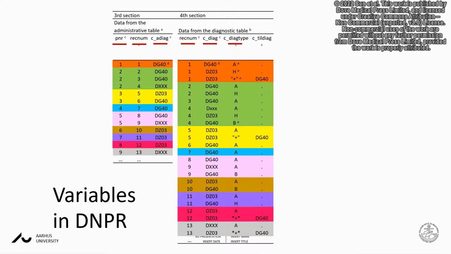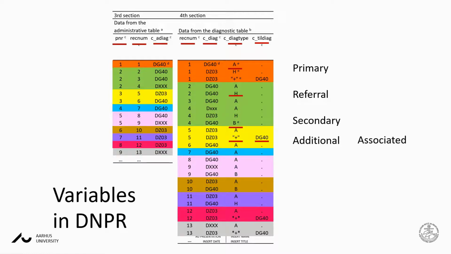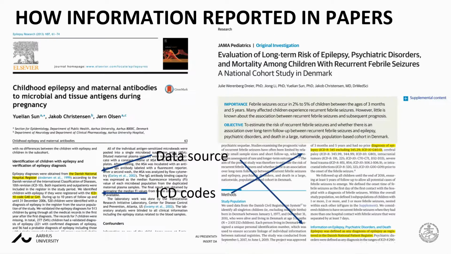The type of a diagnosis includes A for primary diagnosis, B for secondary diagnosis, H for referral diagnosis, and plus, which indicates the diagnosis has additional information. You can find the additional information in the variable CTDIAG, which we call an associated diagnosis in the study.